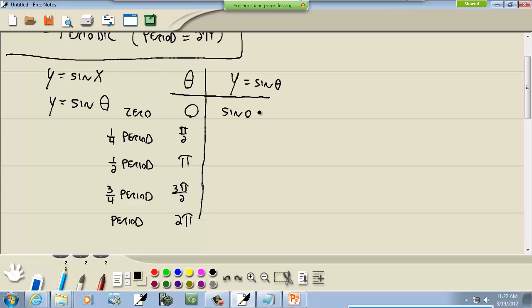This would be sine of 0. Do not confuse the x's and y's up here with the unit circle. Here we're going to plug pi over 2 into theta, so we got sine of pi over 2. Here we'll plug pi into theta, so sine of pi. Here we'll plug 3 pi over 2 into theta, and we got sine of 3 pi over 2. And then here we got sine of 2 pi.